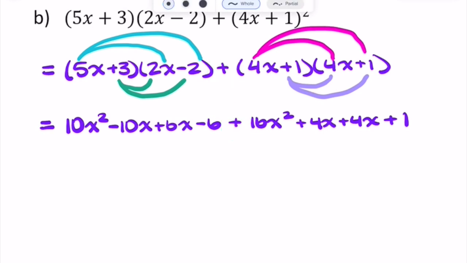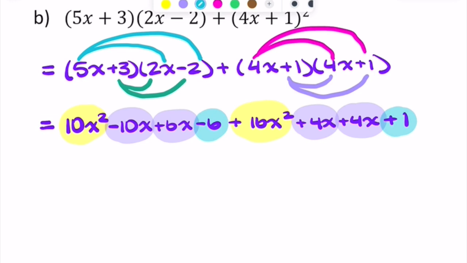Okay, like terms. I am going to color code some stuff and look for like terms. I've got x squared here. I've got an x squared here. I've got x, x, x, x. And I've got number. So I'm going to collect my like terms here.